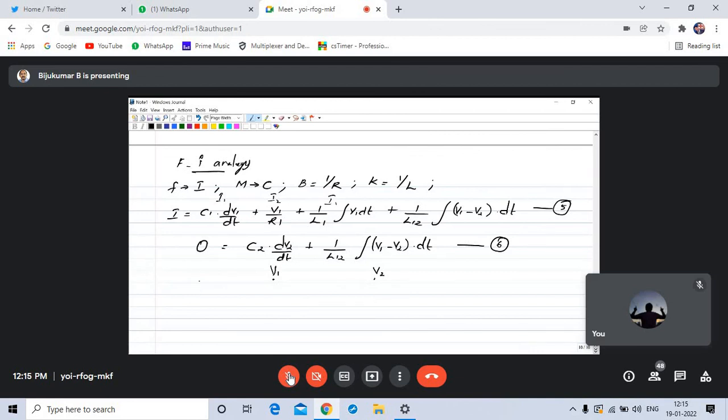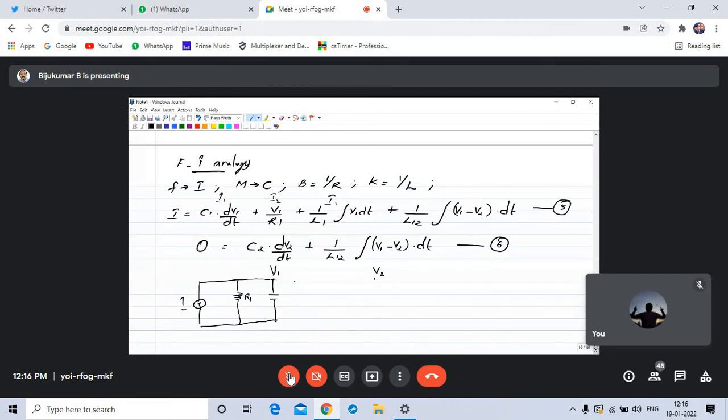Since all are currents, we get a parallel circuit. So this will be the current source connected to this node. And again there will be a resistance R1 and one capacitor, which is also connected in parallel. One inductor also will come in parallel.